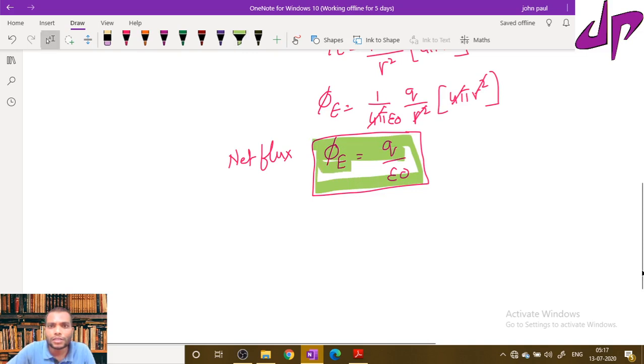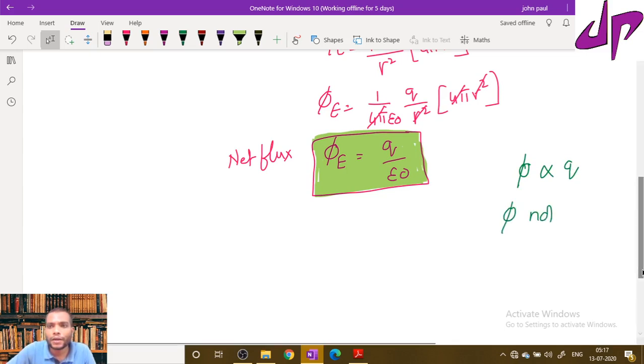So here you can see the flux is purely dependent on the charge enclosed by the surface. So the flux phi is directly proportional to charge. The flux is not dependent on r.